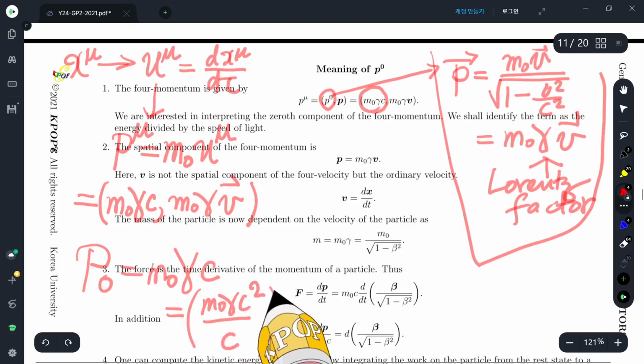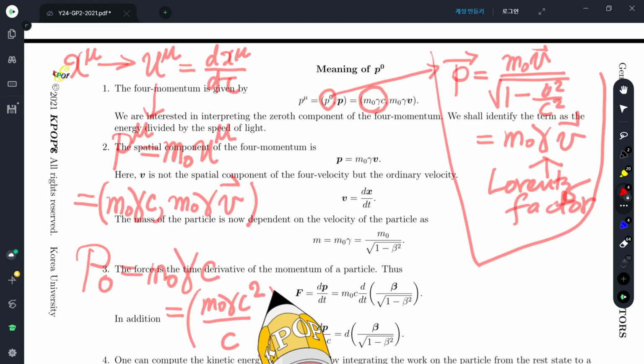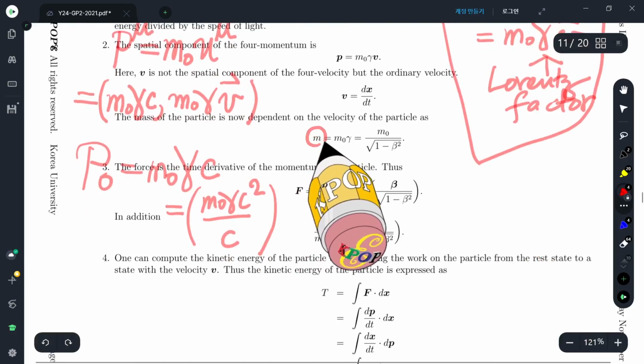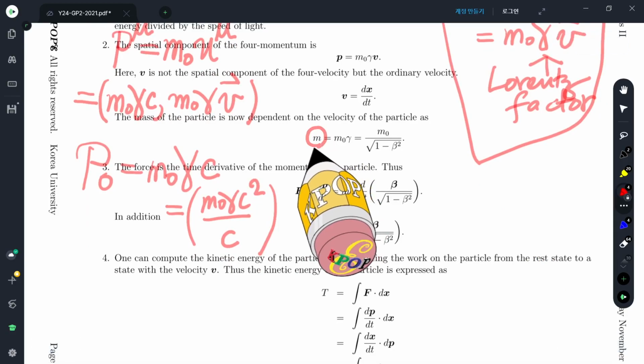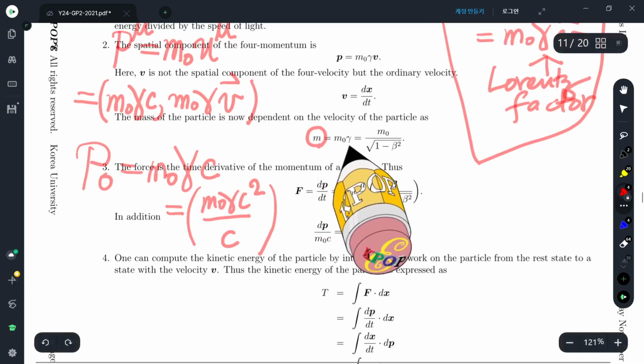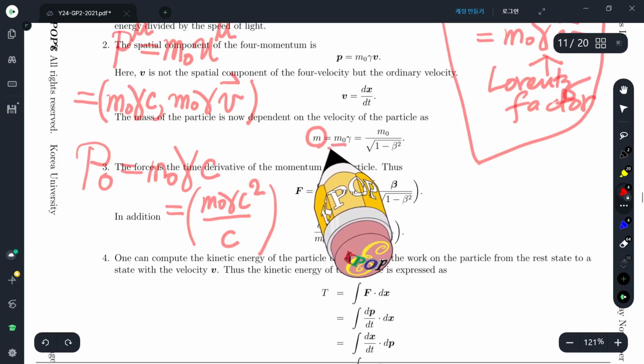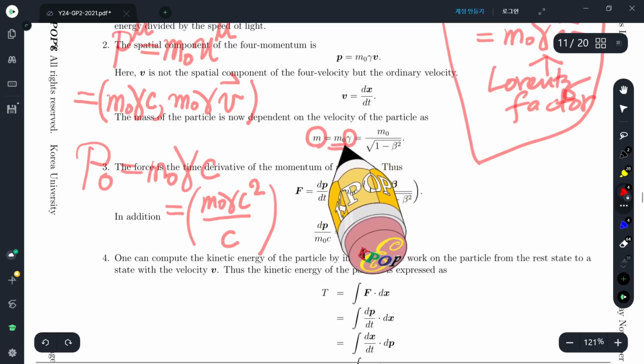So we are interested in what it means by computing the kinetic energy of the particle from the rest frame to the frame in which its velocity is v. We have defined the particle's mass, that is moving with the velocity v, as a product of the rest mass multiplied by the Lorentz factor.